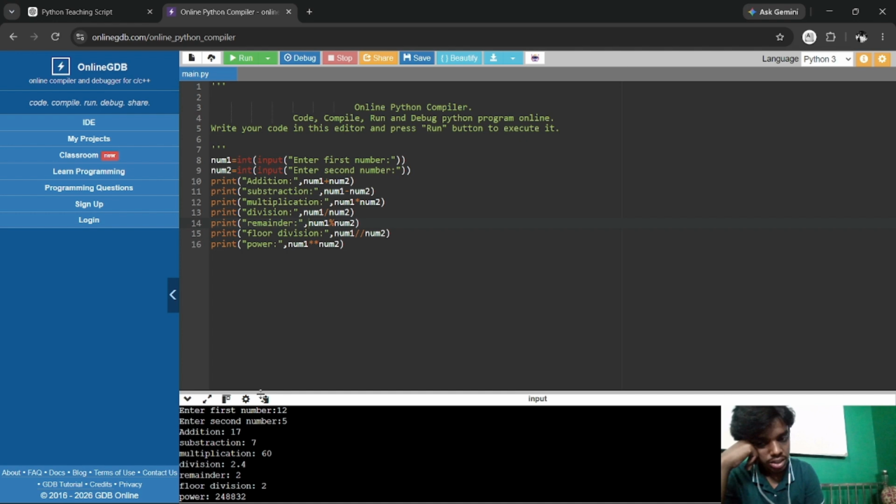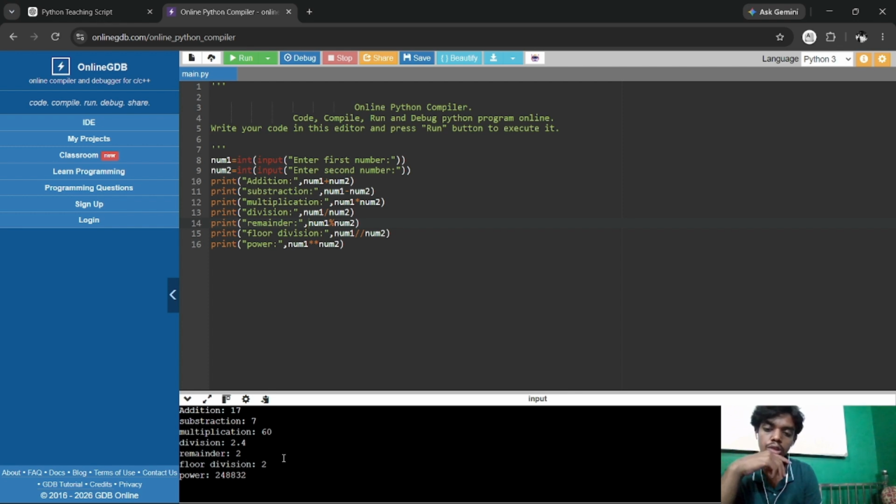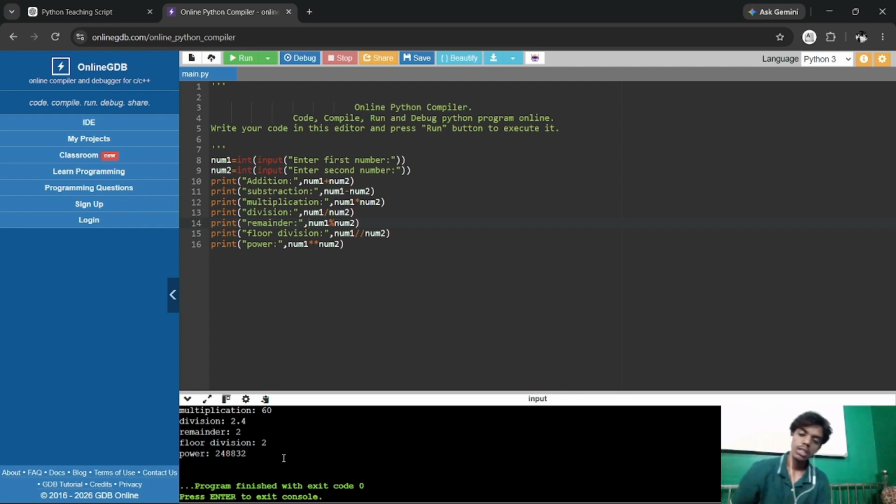We get addition 12 plus 5, which is 17, 12 minus 5, which is 7, 12 times 5, which is 60, 12 divided by 5, which is 2.4, 12 divided by 5 gives us a remainder 2, and the floor division is 2. The power gives us 248832.